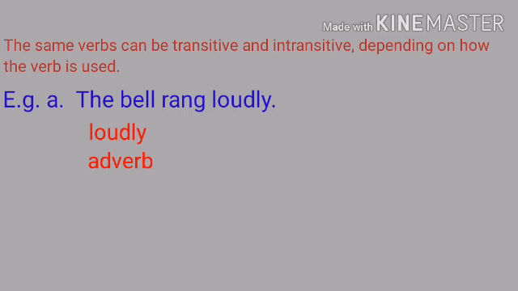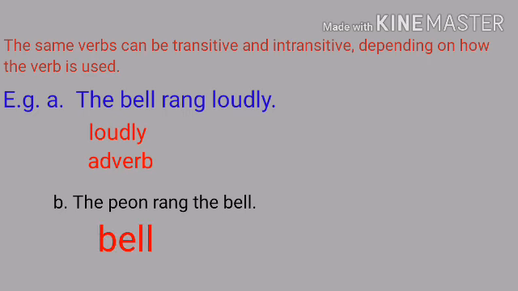And the same verb can be used as transitive verb, as in the peon rang the bell. In this sentence, if you look for an object or thing, you will find a thing, that is the bell. As I have told you, if in a sentence there is an object or something, then the verb is transitive verb.